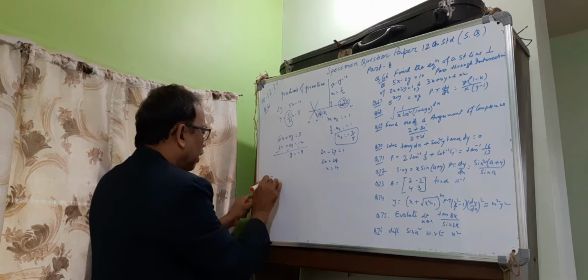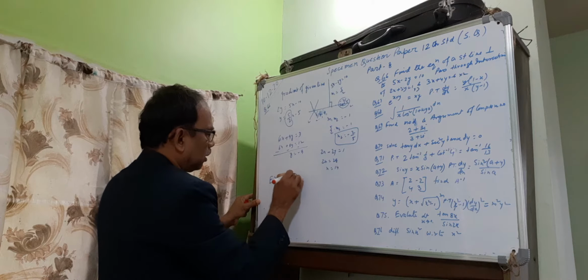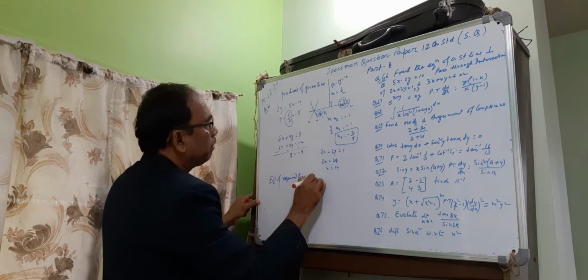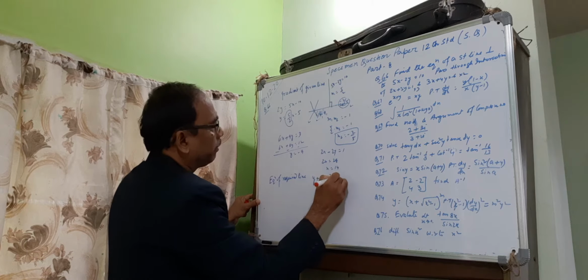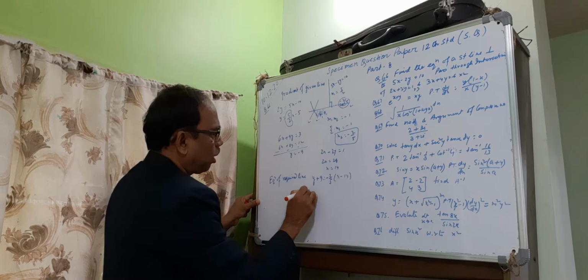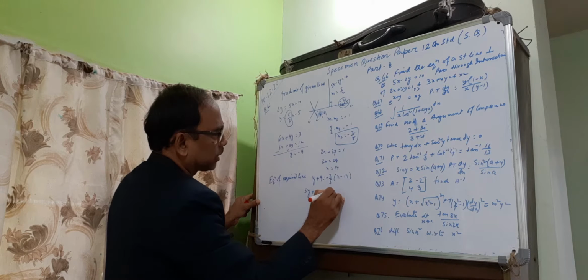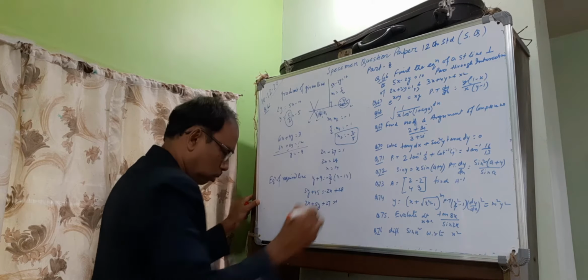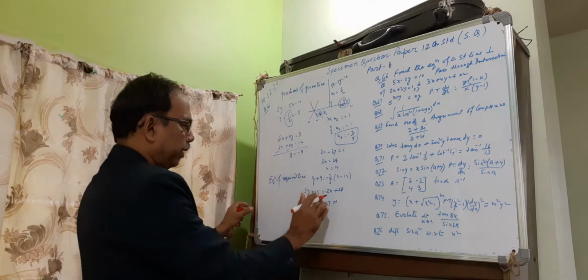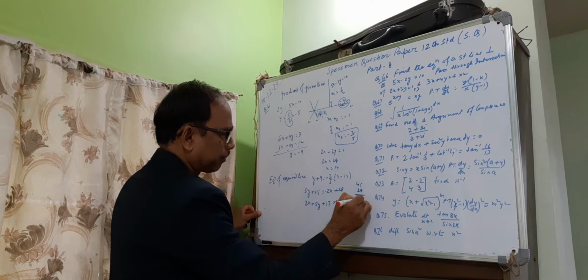The equation of the required line: y minus y1 equals minus 2 by 5 into x minus 14, that is 5y plus 45 equals minus 2x plus 28, that is 2x plus 5y plus 17 equals 0. 45 minus 28 is 17.